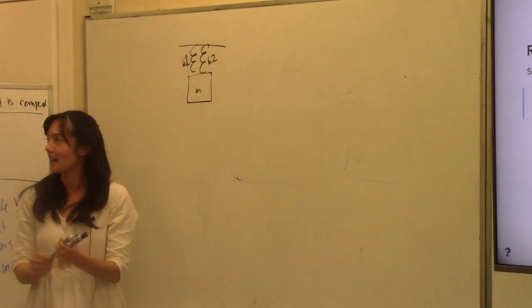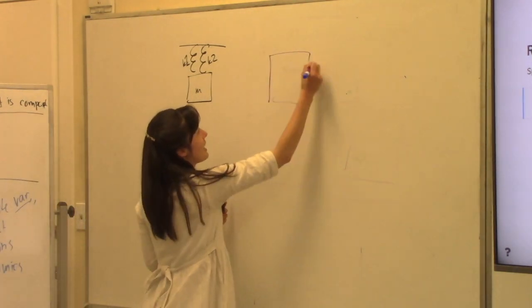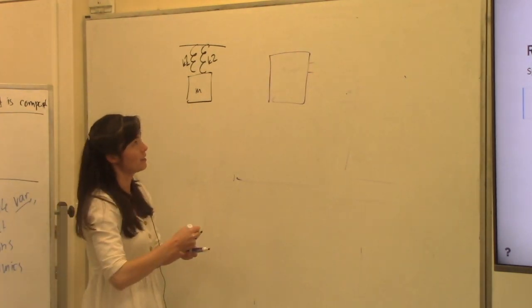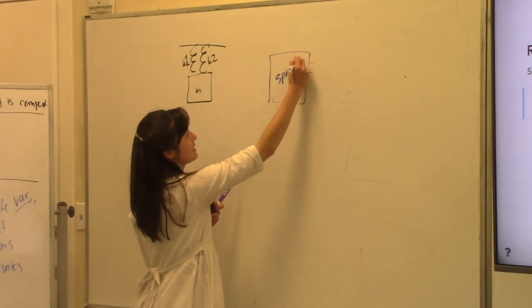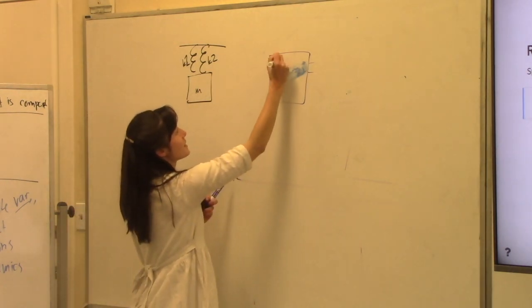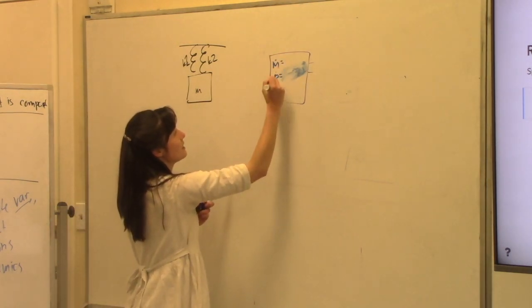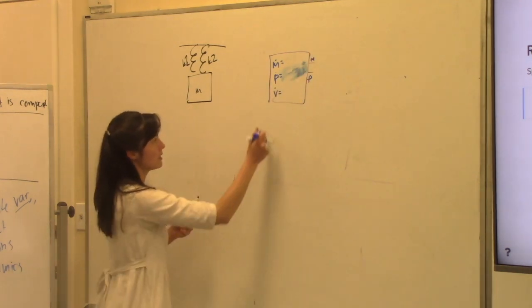All right, what is my composition story? I'm going to call this spring 1, and you can write it out: m dot, p dot, v dot from before, with the m and the p getting exposed.